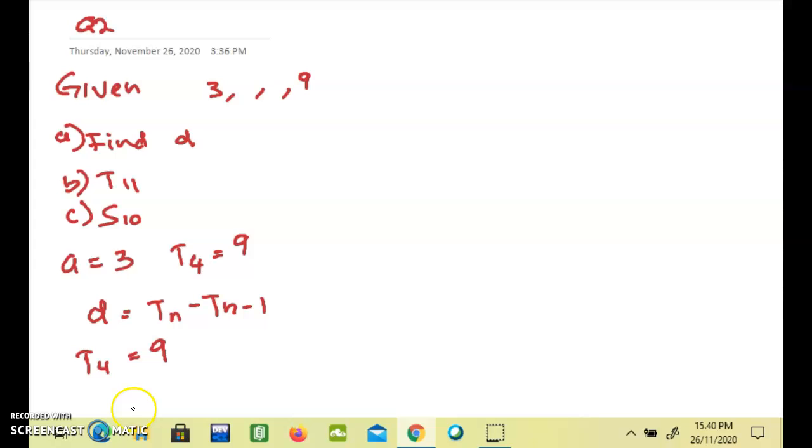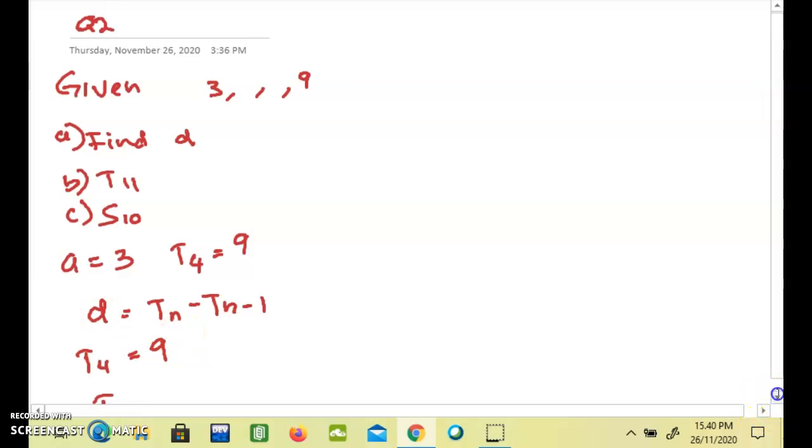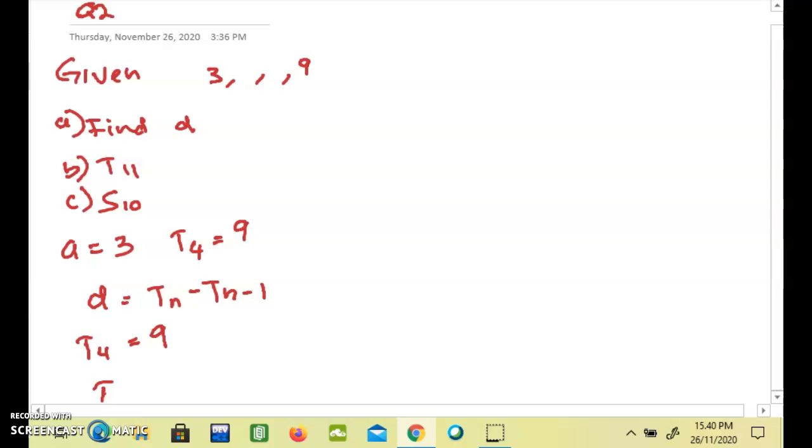Okay, so beside this formula, we also can use the formula of Tn equals to A plus (n minus 1) d.